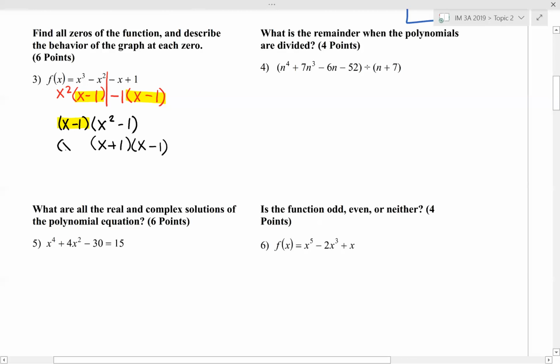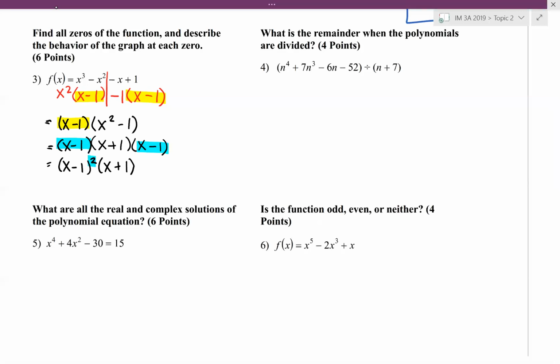And then I still have the factor of x minus 1 from the beginning. So that means that f of x is actually x minus 1 squared times x plus 1. Since I had 2 factors of x minus 1 here, that's going to turn into x minus 1 squared.